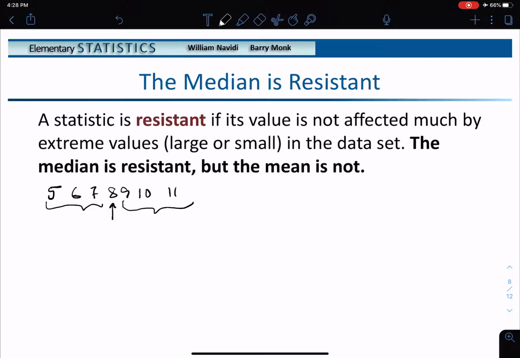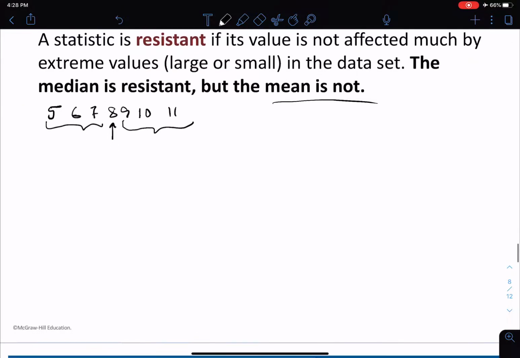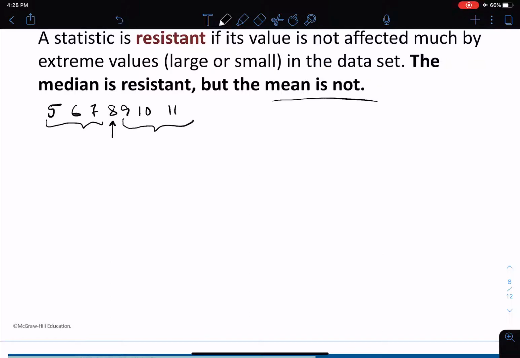On the other hand, the mean is not resistant. An example of that would be, what if we're trying to find the mean of salaries of people in a bar? It doesn't have to be a bar. But let's say most salaries were kind of grouped. Someone had a salary of 50,000, and then there was a 60,000.